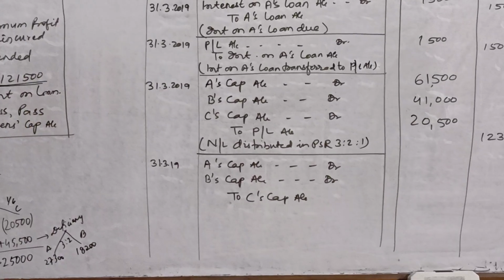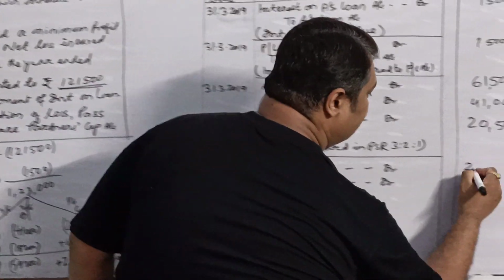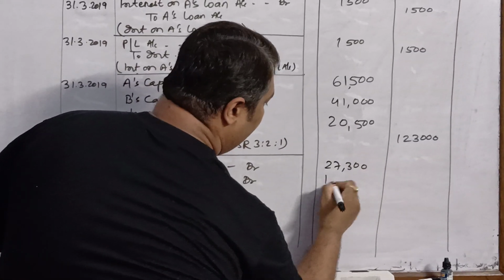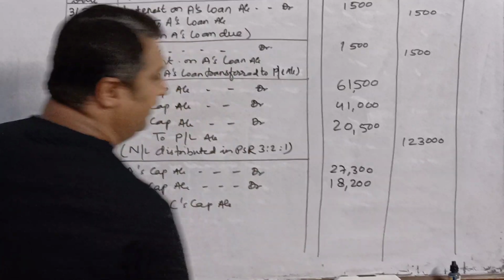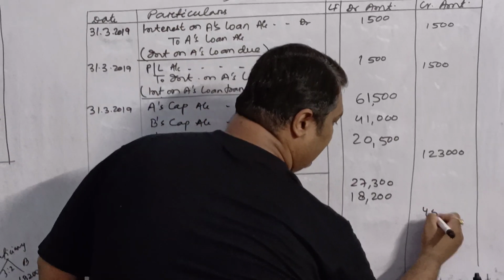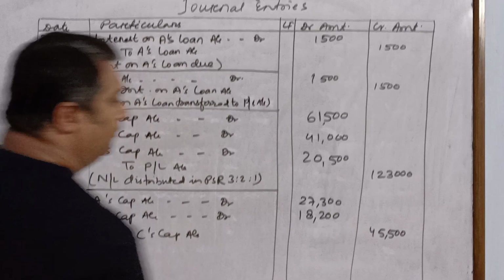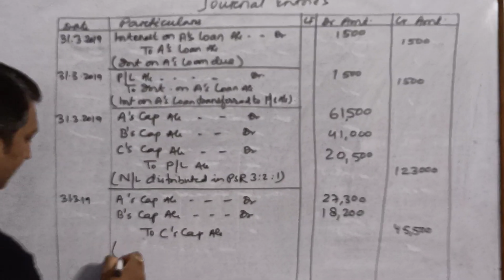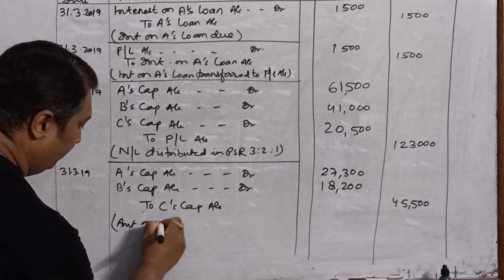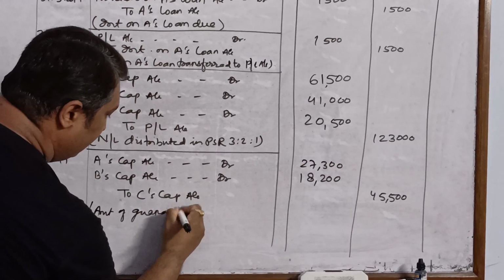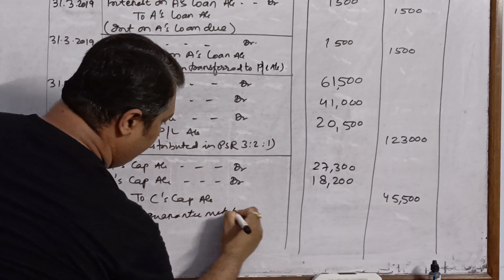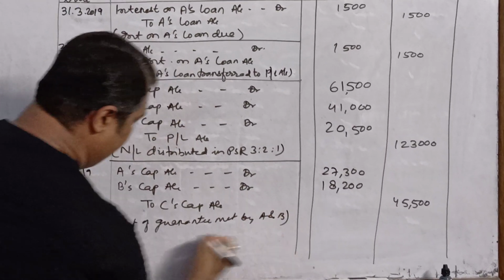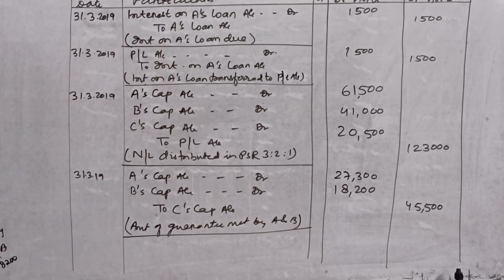A will be paying a deficiency of 27,300 and B will be paying the deficiency of 18,200, and C will get an amount of 45,500. So amount of guarantee met by A and B. This is what the journal entry is.